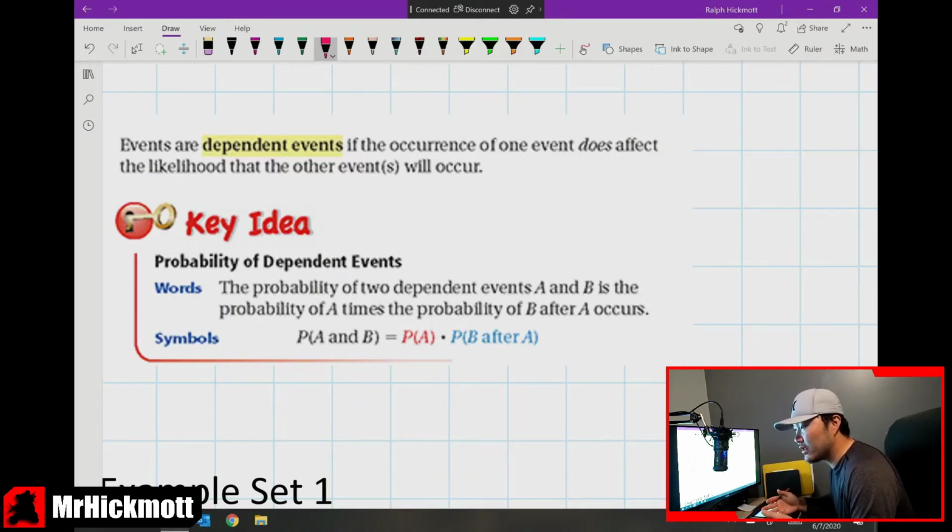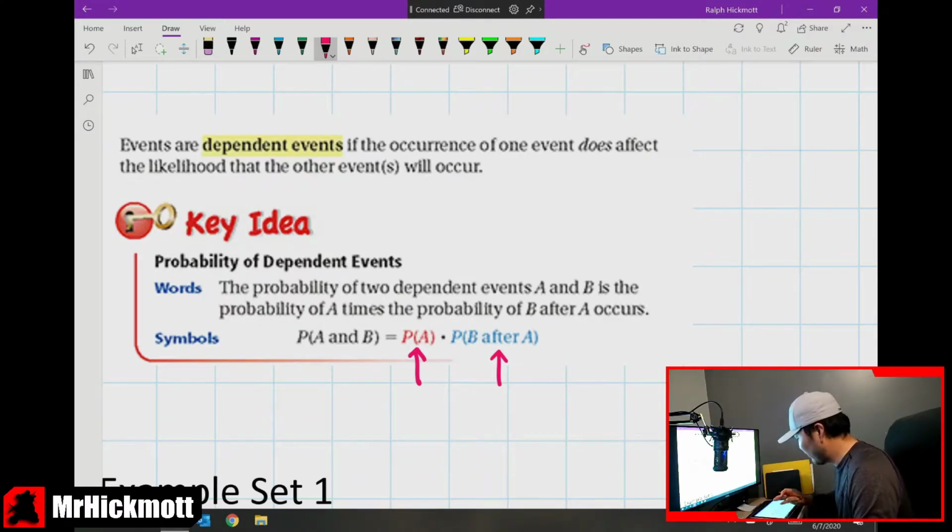It's going to make more sense when we look at some examples. But the official way that we calculate probability of dependent events is that the probability of A and B both occurring is the probability of A, the first event, times the probability of B, the second event, but after A just basically means that the total outcomes have changed.